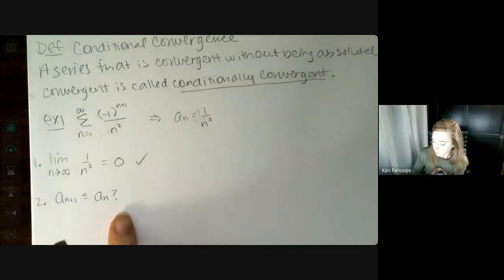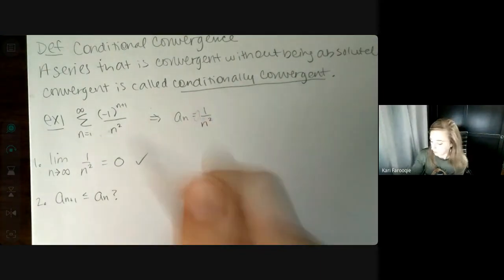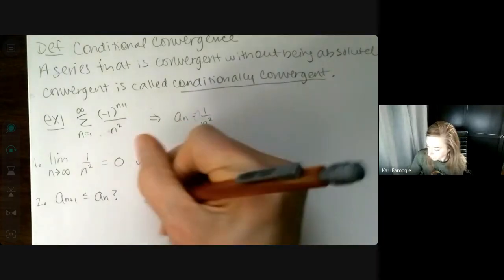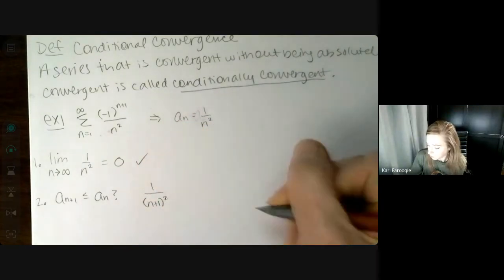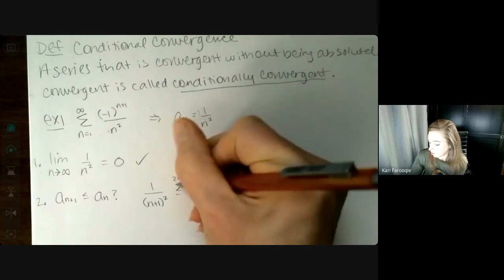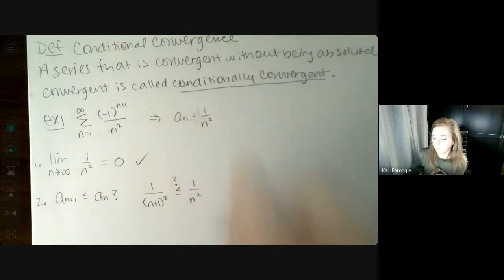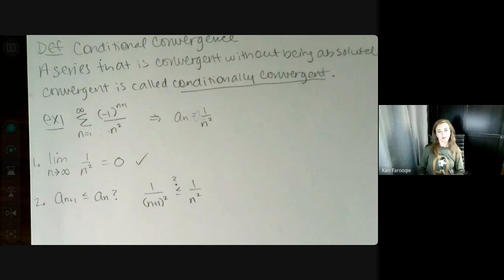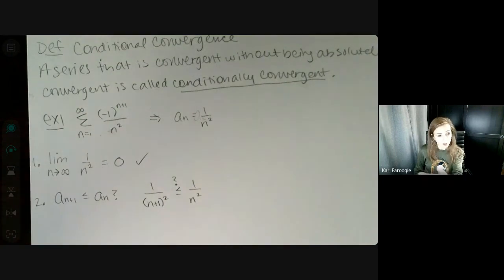The n plus 1th term for a_n is going to be 1 over (n+1) squared. And you're trying to show that that's less than or equal to a_n. This must be true.